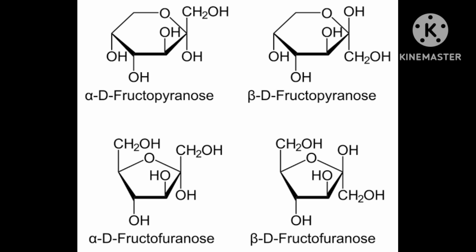Alpha D fructofuranose and beta D fructofuranose structures are opposite. Only at carbon number 2 they are opposite, reverse, other things are the same.